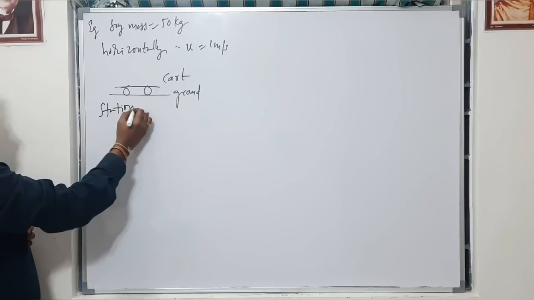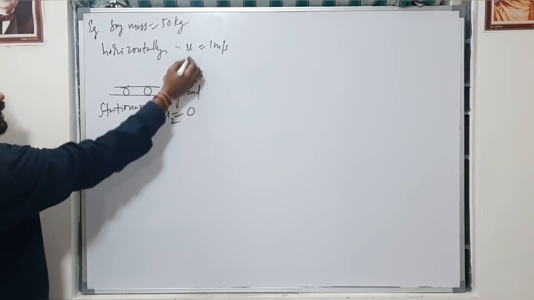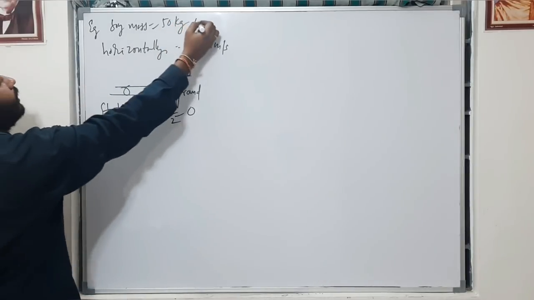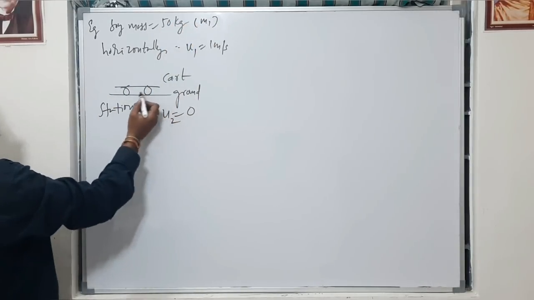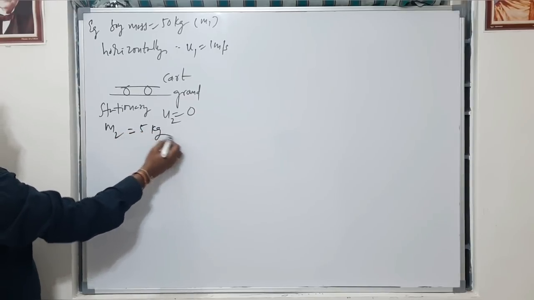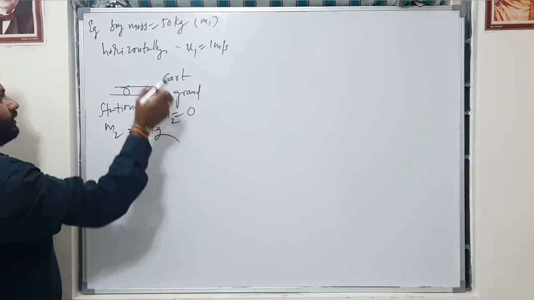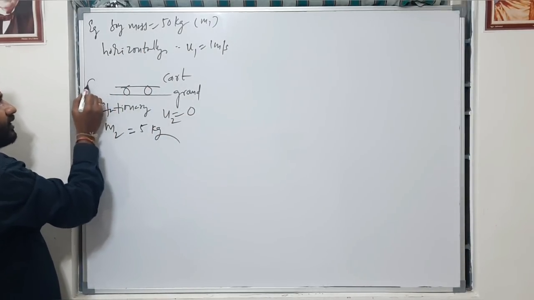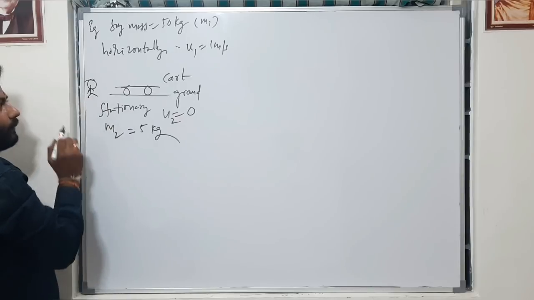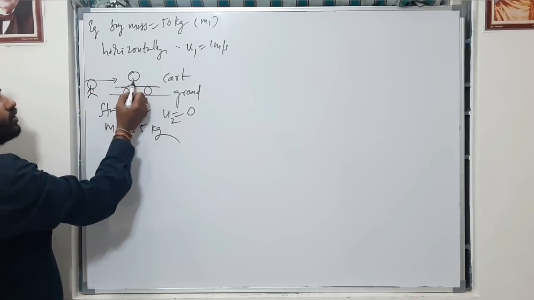As it is a stationary cart, its initial velocity is 0. Imagine it's u2 and it is u1 because mass of the boy is m1. I have considered the mass of the cart as m2, which is 5 kilograms as mentioned. I hope you understood the question. There is a boy. He is the boy moving horizontally and jumped onto this cart.